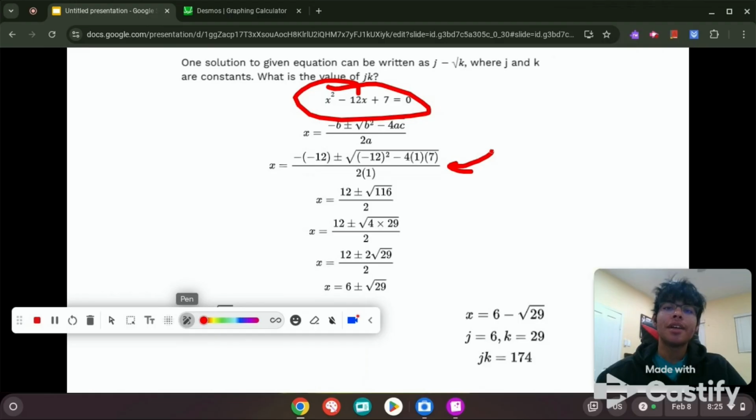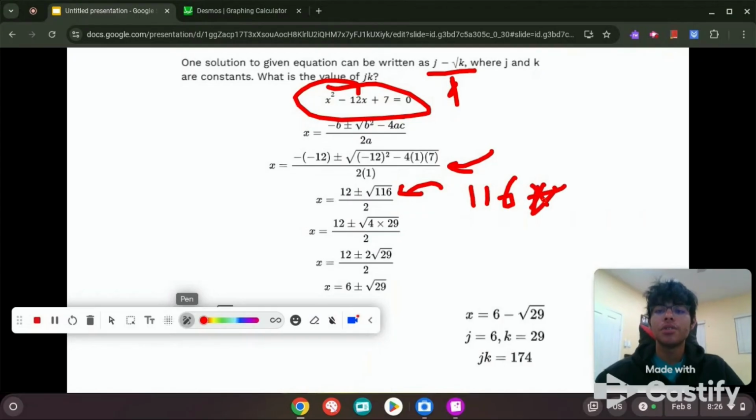And then you realize that you don't have anything in the denominator over here. You have 2 in the denominator, which means that you should be able to factor out a 2 from here. And 116 is just equal to 4 times 29.